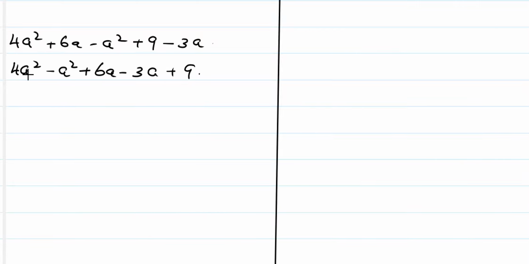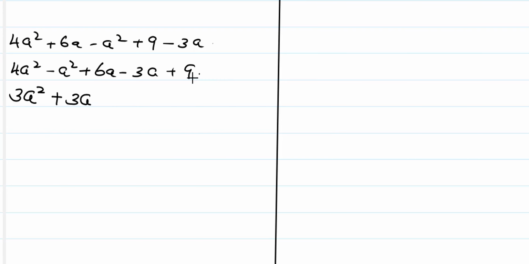For example, this 4a squared and this minus a squared, we can subtract them, and 4a squared minus a squared becomes 3a squared. Then we have 6a here, but we also have minus 3a, so it becomes 6 minus 3a, which is positive 3a.